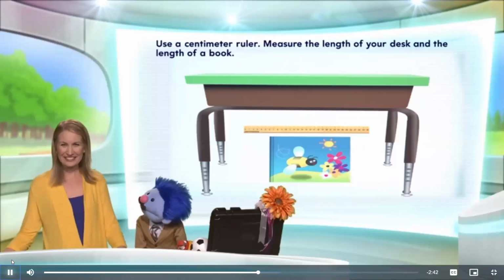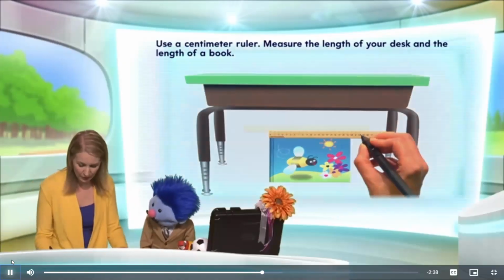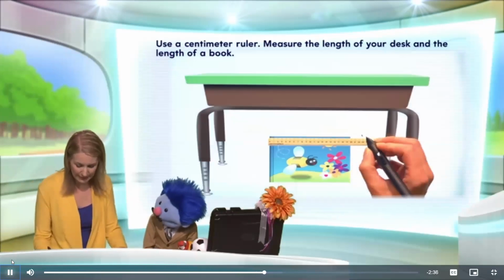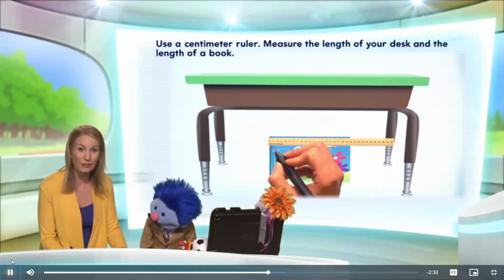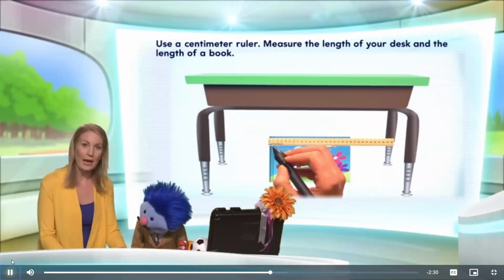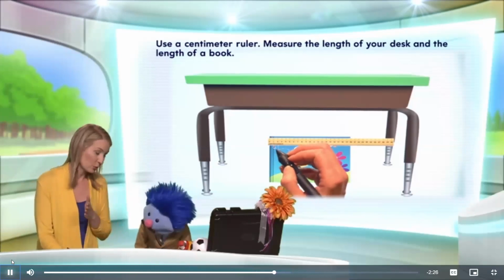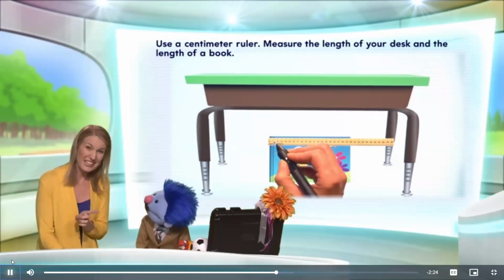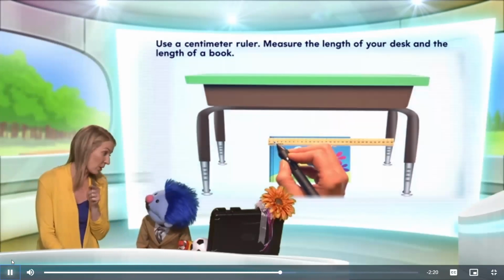I am. Great. Let's take a look now at measuring the book. We're going to take our centimeter ruler, and again, I'm going to line up the first tick mark, which corresponds to the number 0. Notice that I am not lining the edge of the book with the edge of the ruler. The ruler is sticking out just a little bit to the left because I'm lining it up with the first tick mark of 0.